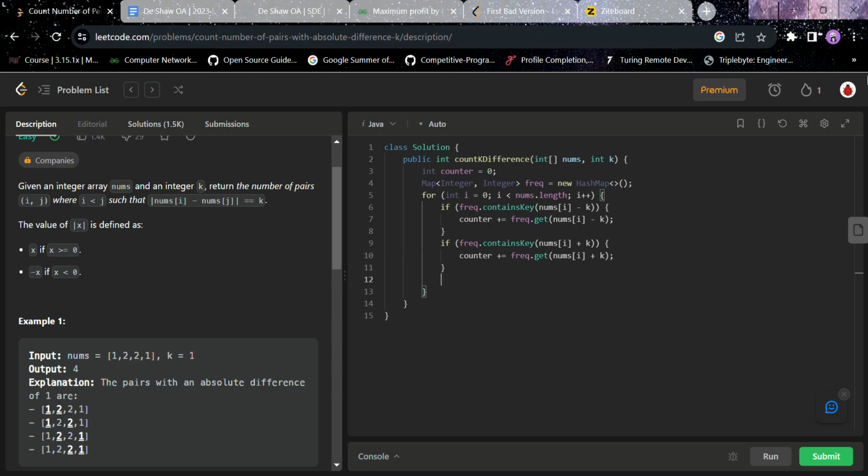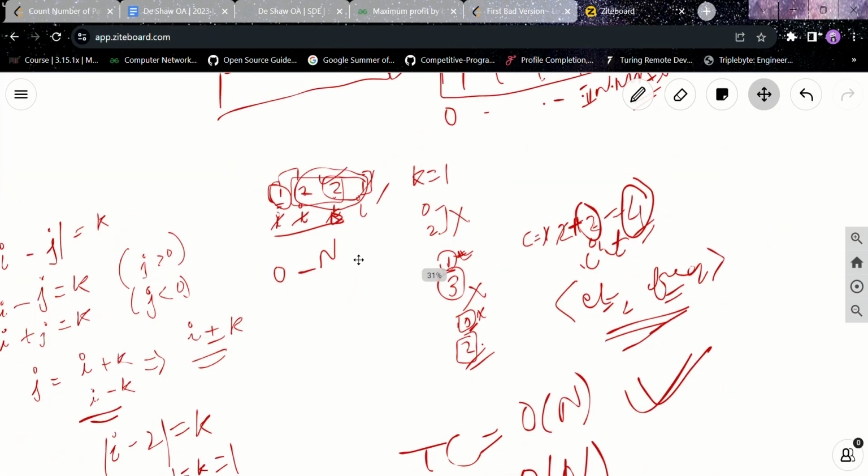So we'll put frequency, the current value, nums of the current index, and increment the frequency.